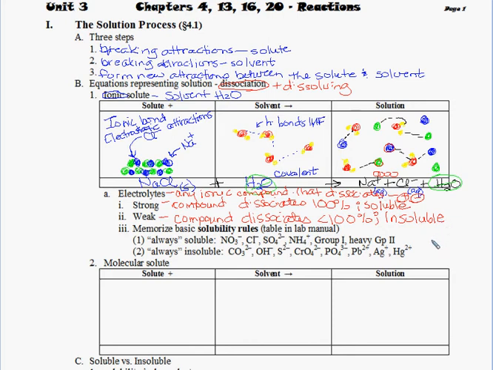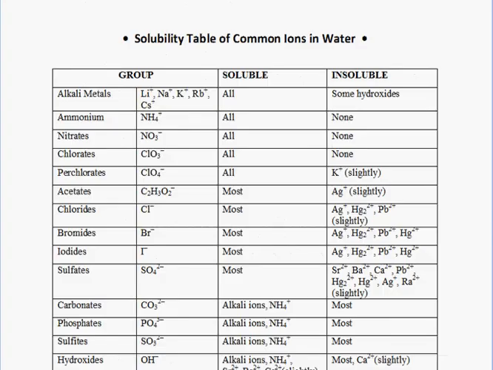You actually have an entire piece of information that is your solubility rules, and they are located in your lab manual. They look like this if you go into your lab manual into the appendices, and you'll see over here we just have the names of each of the groups that we're looking at. What kind of ions are you looking at?